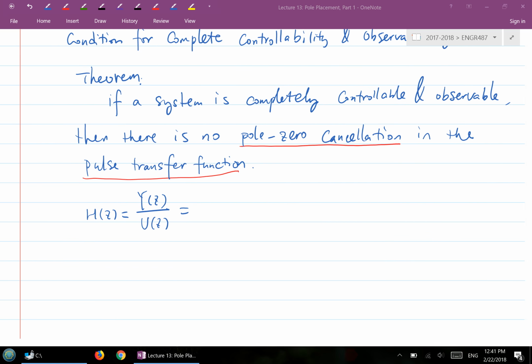I think we did this before. If what you have is a state space model, then the pulse transfer function is simply C times (zI minus G) to the power -1, times H. That's your pulse transfer function. Let's take a look at an example, and I'll explain through the example what pole zero cancellation means here.